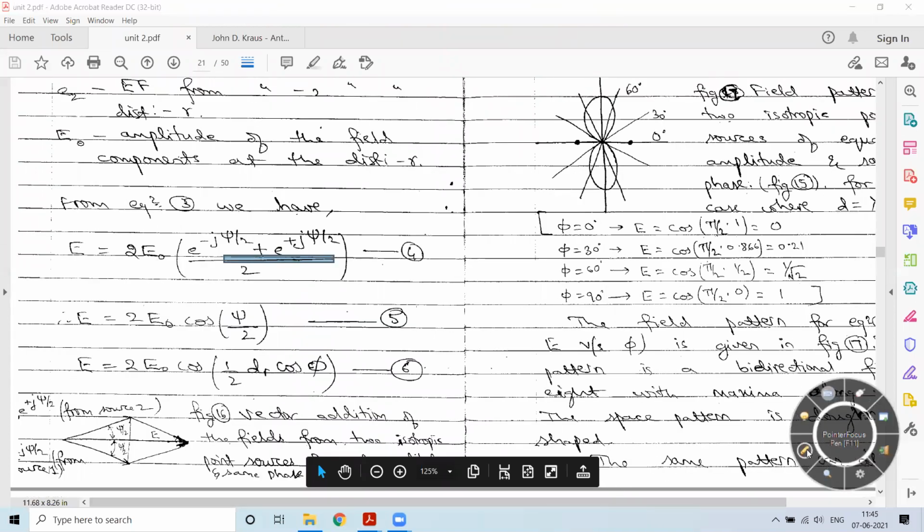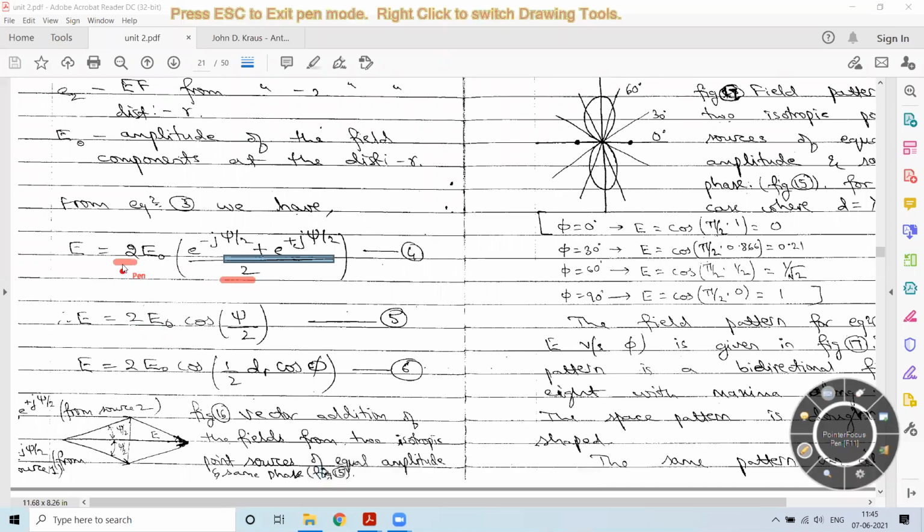So you multiply and divide this equation by 2. When I do this, I'll have 2 times E naught, and this term is the representation of cos psi by 2. e raised to minus j theta plus e raised to plus j theta divided by 2 is nothing but cos theta. In this case, theta value is psi by 2.